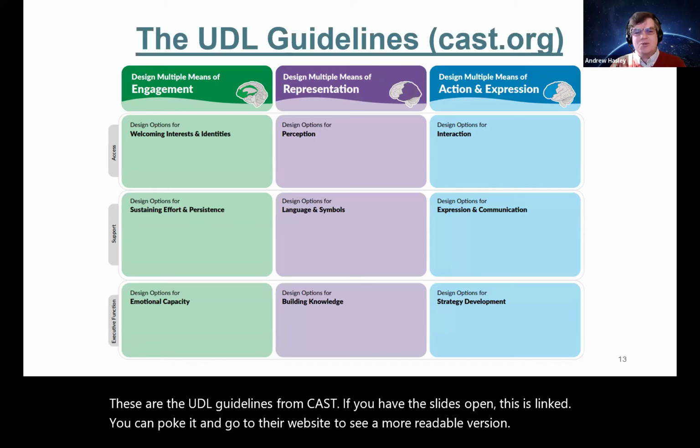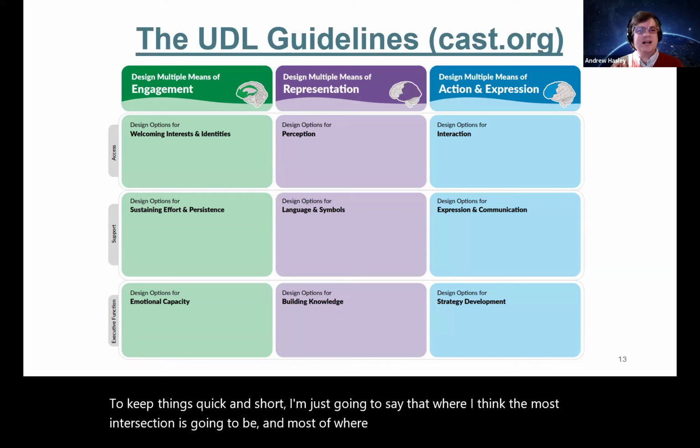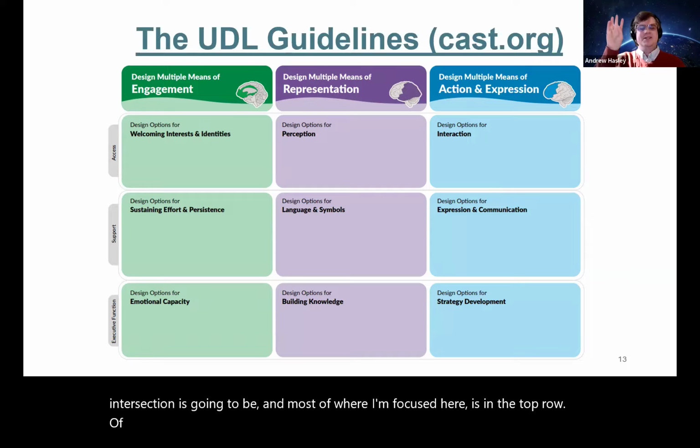To keep things quick and short, I'm just going to say that where I think the most intersection is going to be, and most of where I'm focused here, is in the top row of these three components, right? Designing multiple means of engagement, representation, and expression.